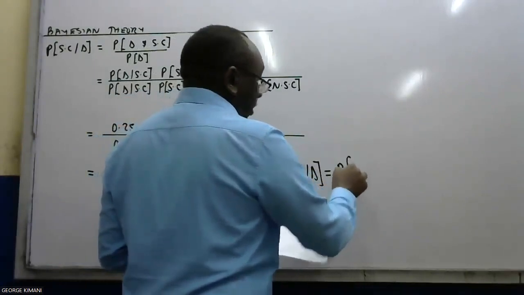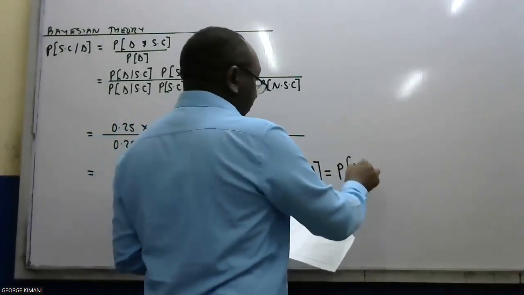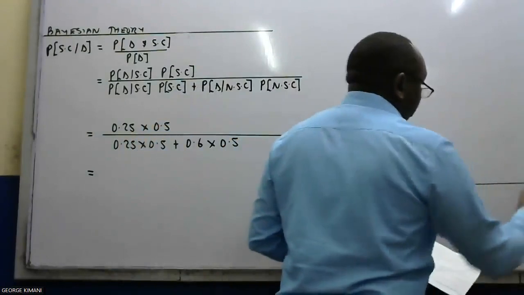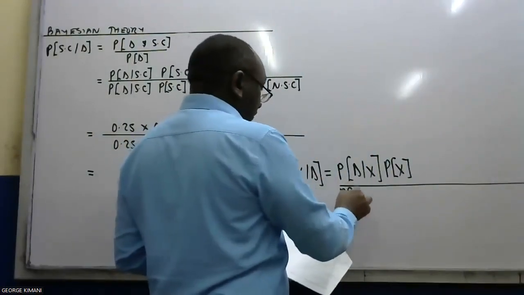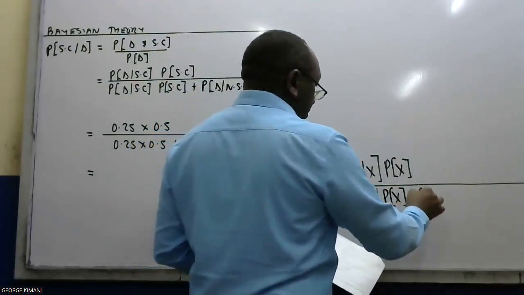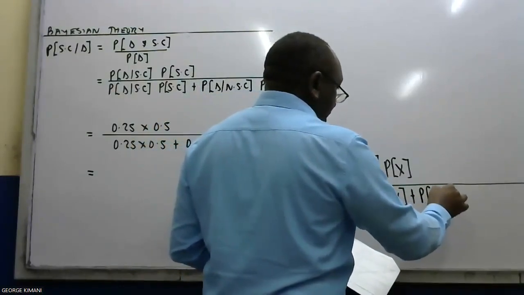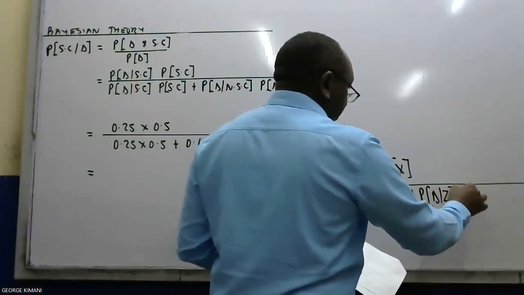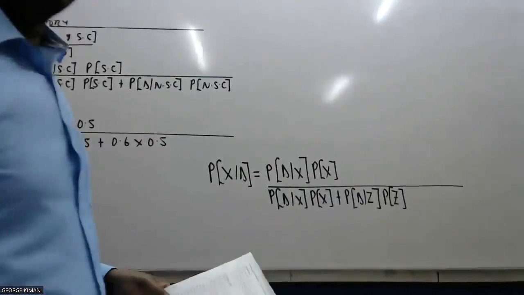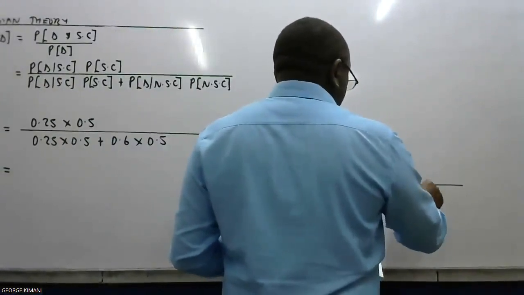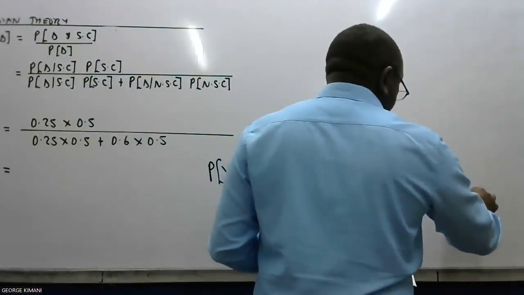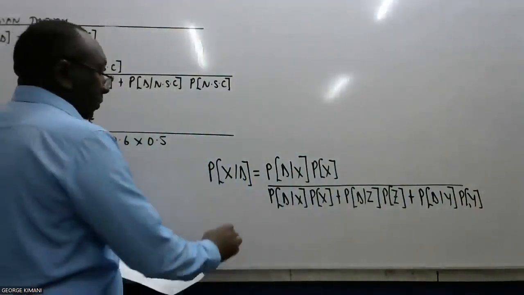It is probability of defective given X multiplied by probability of X, all divided by probability of a defect given X multiplied by probability of X, plus probability of a defect given Z, and plus probability of defect given Y multiplied by probability of Y.